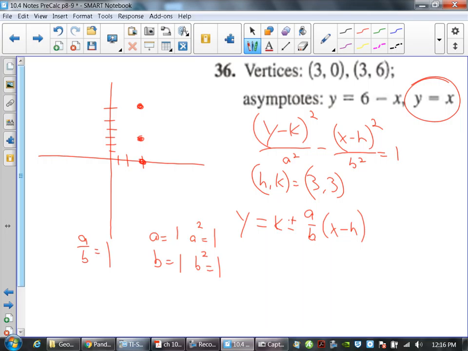Okay, I see what I did here. So this is supposed to be 1, and you're right. Devin, you're right. I was skipping ahead. I was thinking of the a over b both being the same value has to simplify to 1, and I forgot the fact that the distance of a is 3.